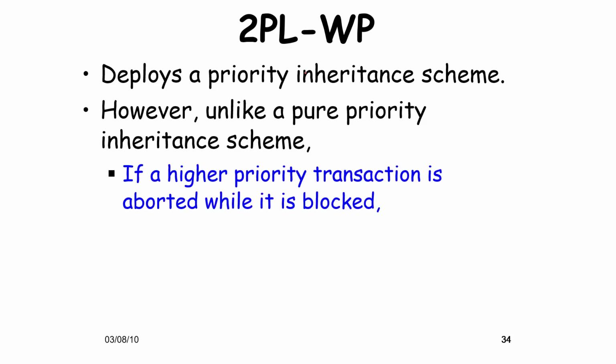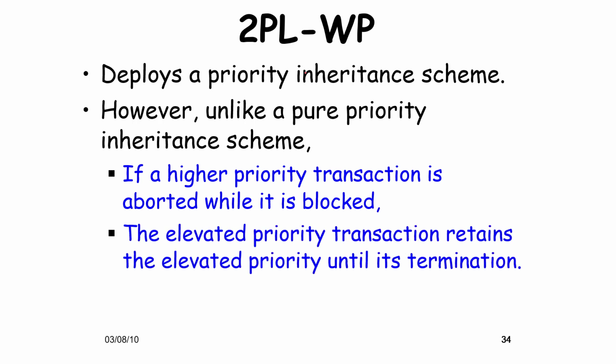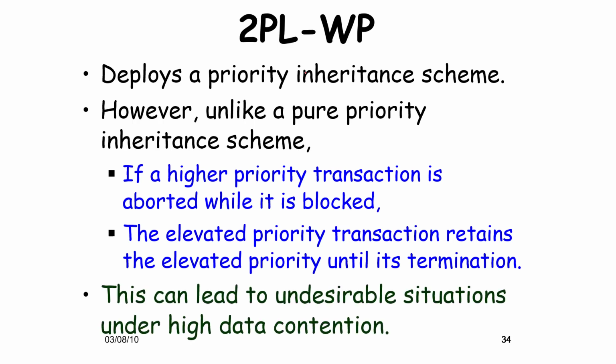So unlike a pure priority inheritance scheme, this is applied only when the higher priority transaction is aborted while it is blocked. So basically if the higher priority transaction gets aborted while it is blocked because of conflicting accesses, then the inheritance is applied and the elevated priority task will retain its priority until it terminates.